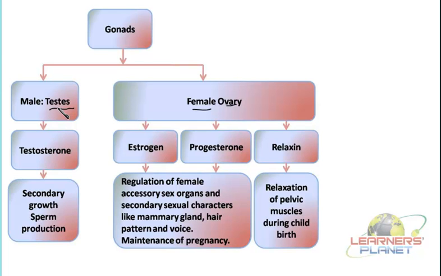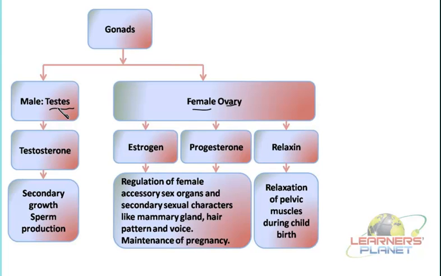Where are the testes located? They are located in the scrotum. You know very well what this part is, isn't it? It is an external sac-like structure inside which the testes are present. Why are we calling it an external part? It is because it is situated outside the abdominal cavity. And why?